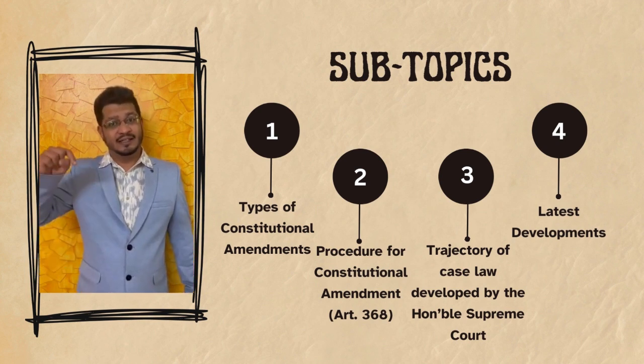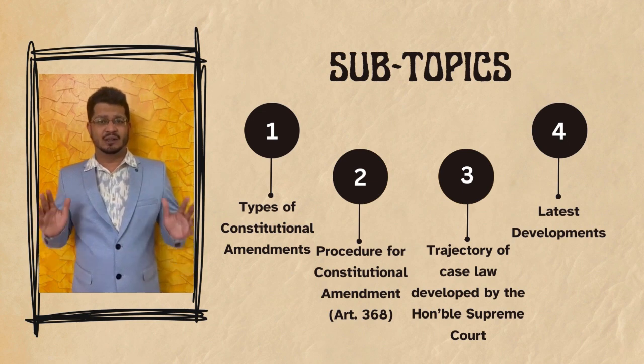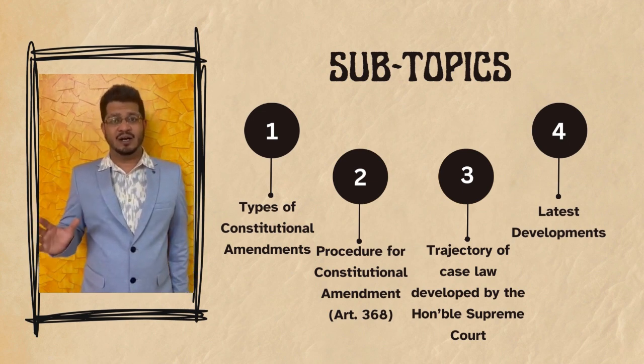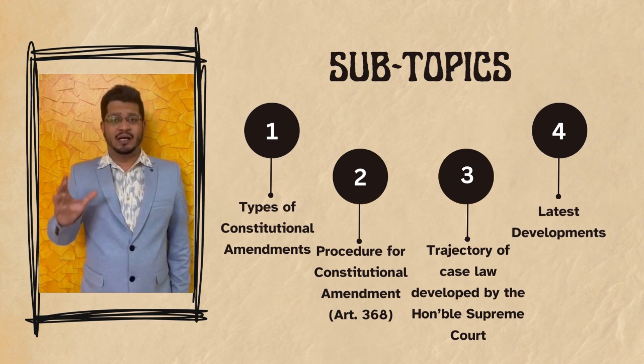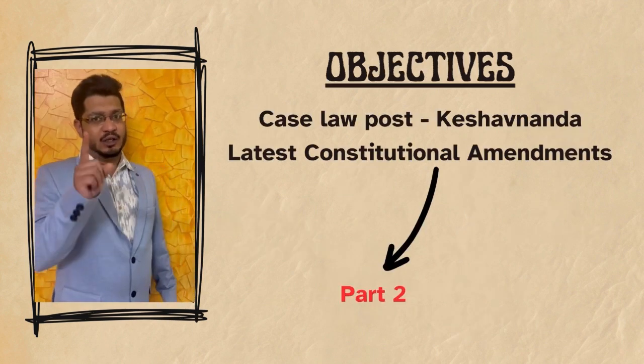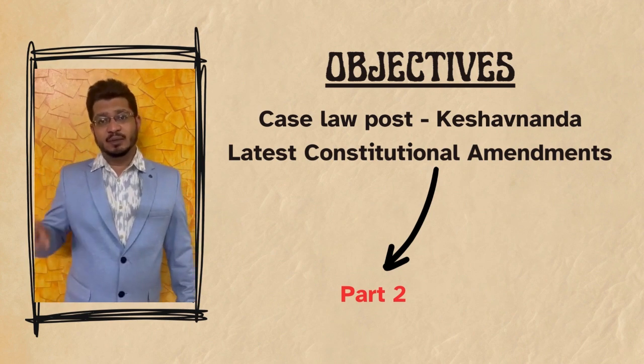And finally, in this lecture, we shall trace latest developments in constitutional amendment like abrogation of the special status accorded to Jammu and Kashmir and introduction of the goods and service tax, that is the GST, by the central government. However, just for your convenience, I am trying to keep these videos below 15 minutes.